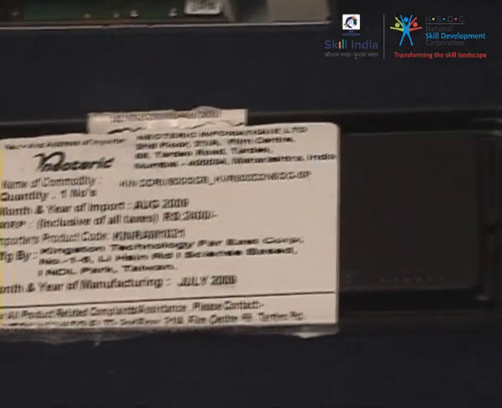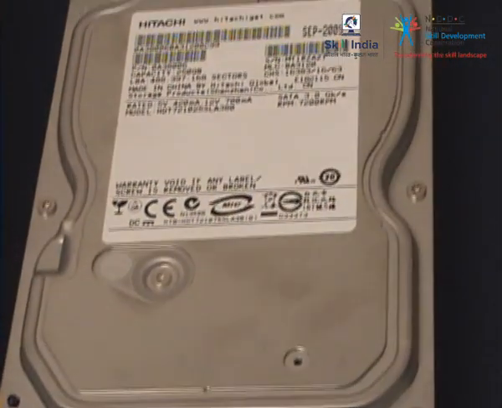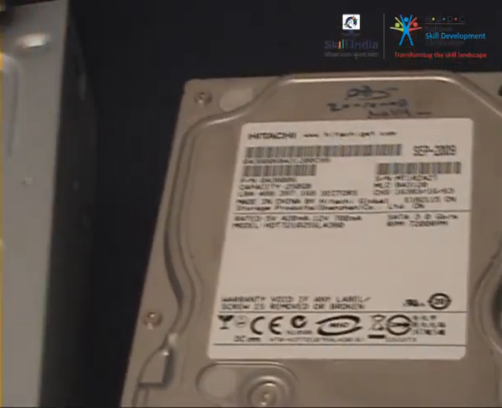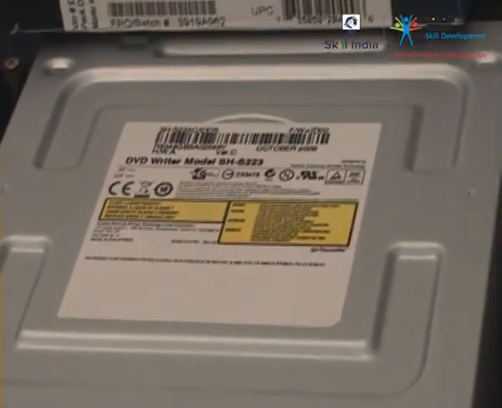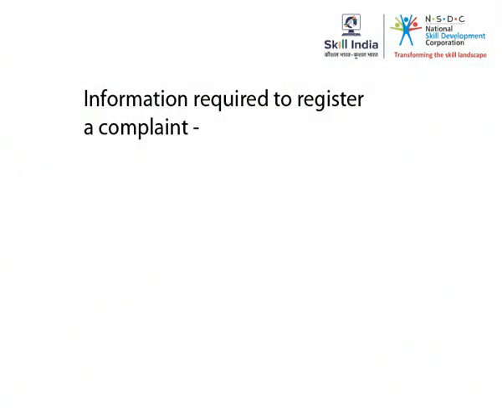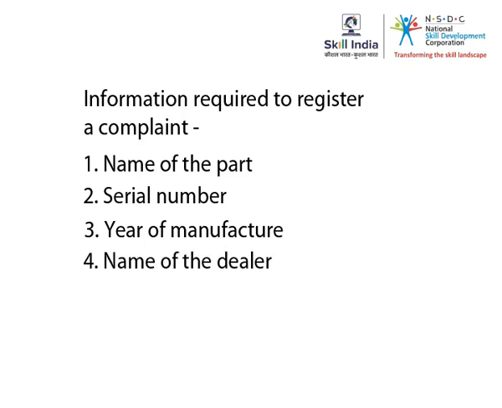If any problem develops in the computer part during the warranty period, it can be sent to the authorized service center for replacement. Information required to register a complaint is name of part, serial number, year of manufacture, name of dealer.